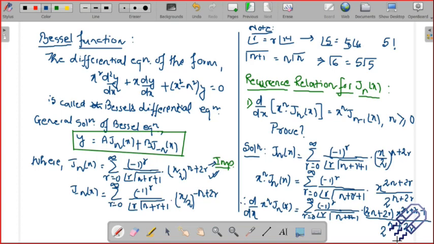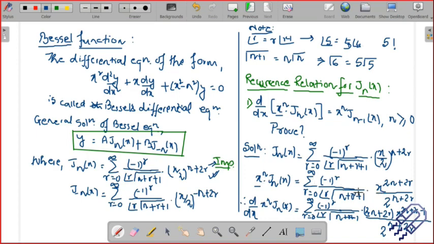Sir, in the solution, the second line, there's an x to the power 2n plus 2r. How does x to the power 2n come? Because there is an x to the power n plus 2r. If you look into the question, this is multiplied by x to the power n. So we are multiplying this side by x to the power n. On this side also we have to multiply by x to the power n.